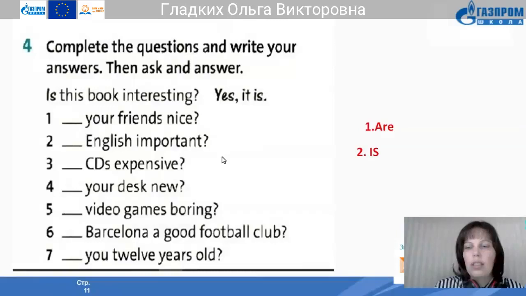Next, CDs expensive. Agahan? Are. So, next, your desk new. Iman? Is. Good. Next, video games boring. Video games are, Daniyar. Well. Now, next, Barcelona, a good football club.